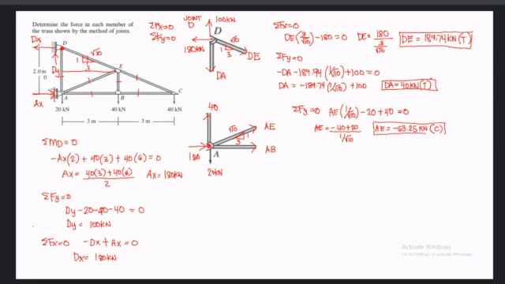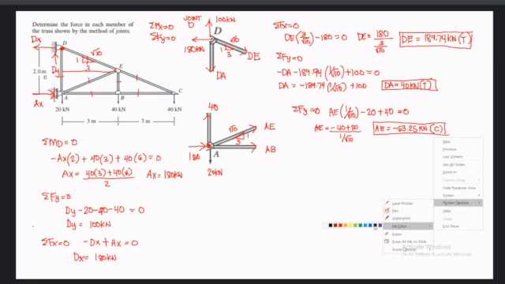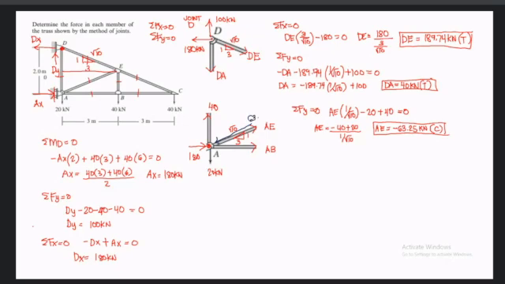So your AE is 63.25 kilonewton compression. Since it is compression, you should correct what we assumed. So this will become your AE now, 63.25.